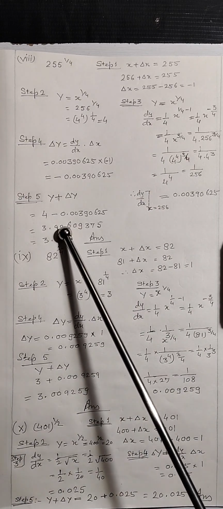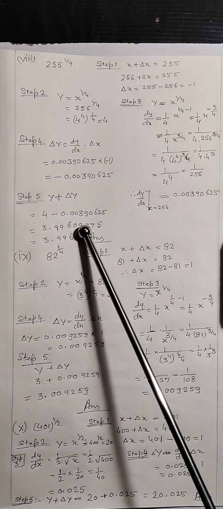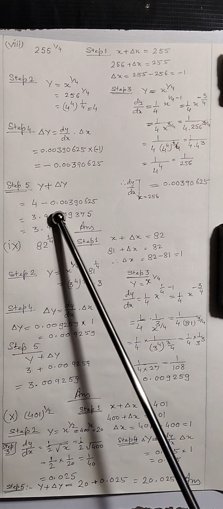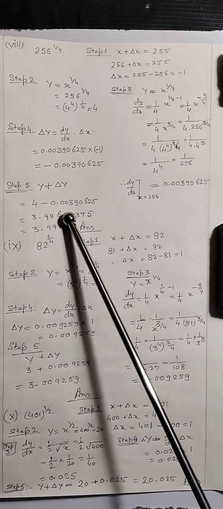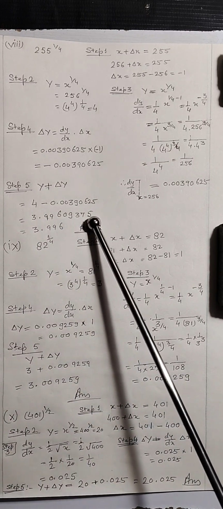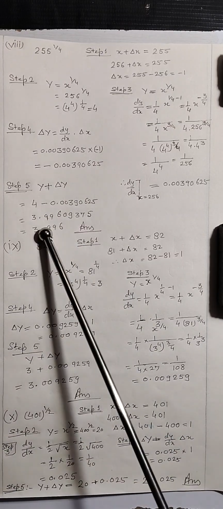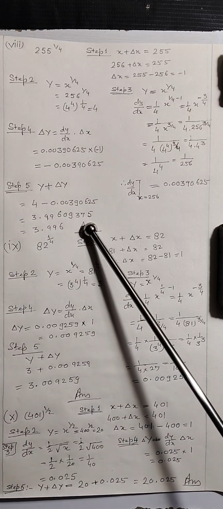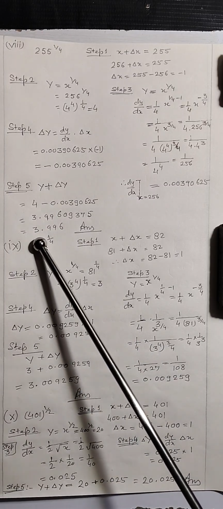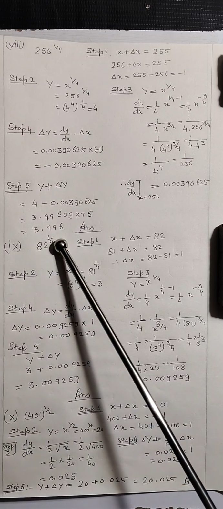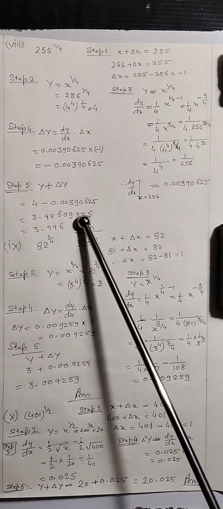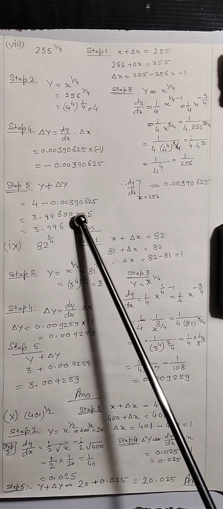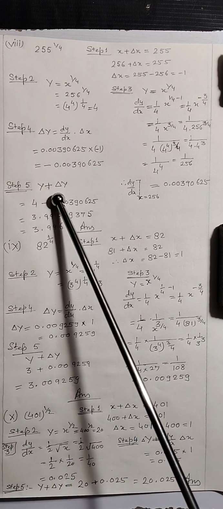We have got minus 0.00390625. After solving you will get 3.99609375, and it will be approximately equal to 3.996. This is the answer of part number 8, question number 1.